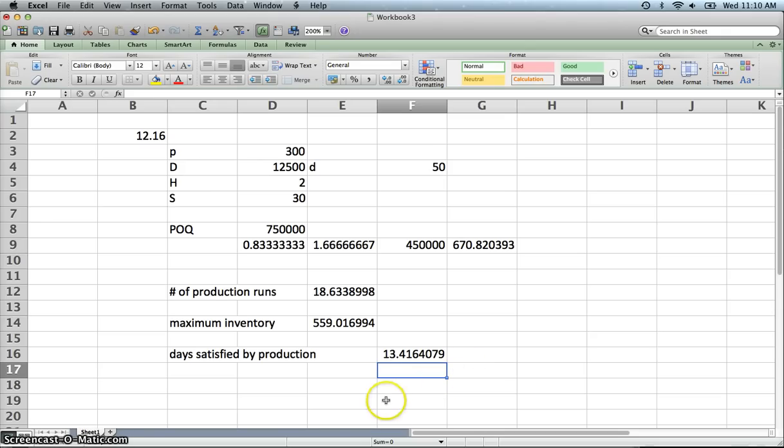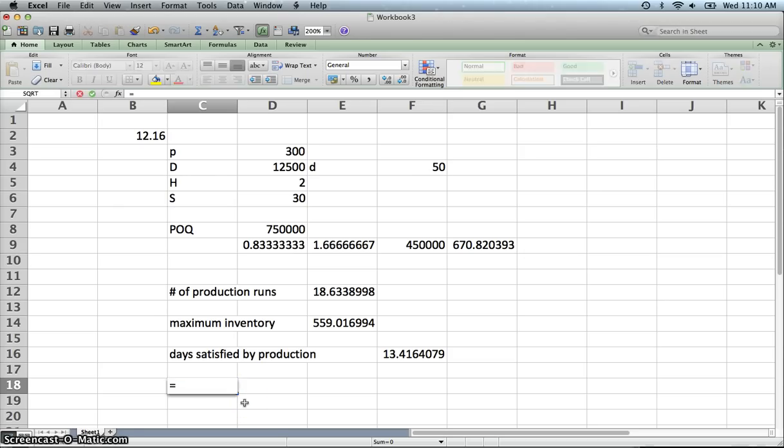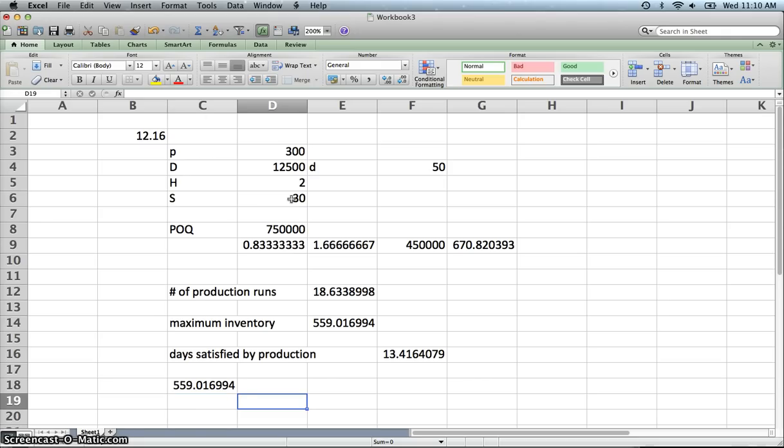Let's quickly calculate the cost. I wanted to show you this one before we leave this problem, because it's a little bit different. Once again, the setup cost is the number of production runs times the cost of every setup, so $559 is the cost of that. And then these should once again be equal to each other.